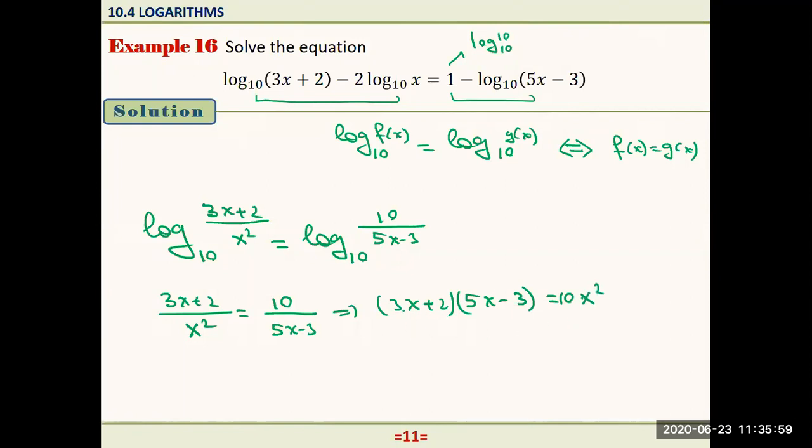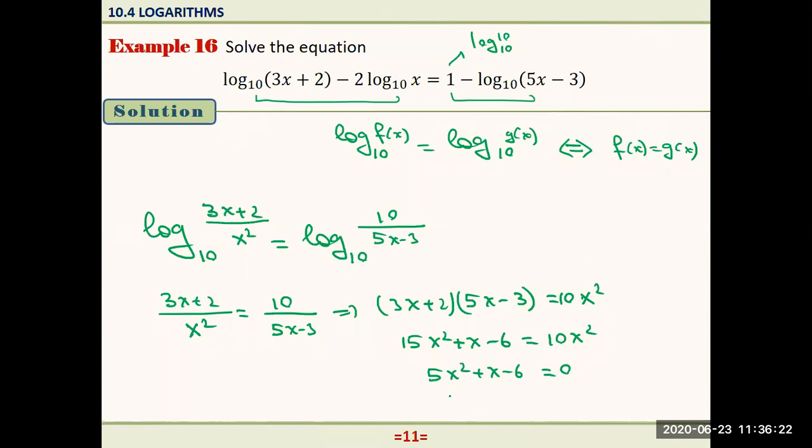If you remove the brackets, 3 times 5 is 15x squared. 3x times negative 3 is minus 9x, plus 10x, so it is plus x, minus 6, equals 10x squared. Simplified further, 5x squared plus x minus 6 is equal to 0.